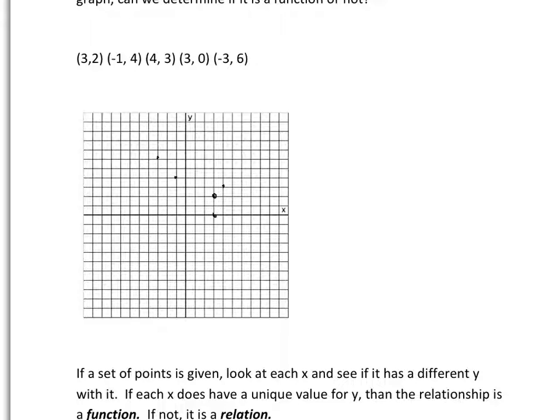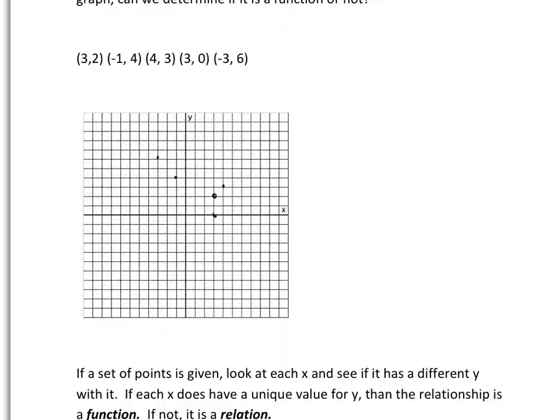So looking at these points, let's see. If x is negative 3, y is 6, all good. If x is negative 1, y is 4, all good. When I get here to x equals 3, I have two different points right on top of each other. I have 3, 0 and 3, 2. So if x is 3, I don't know for sure what y equals.